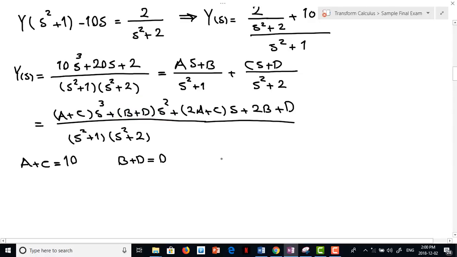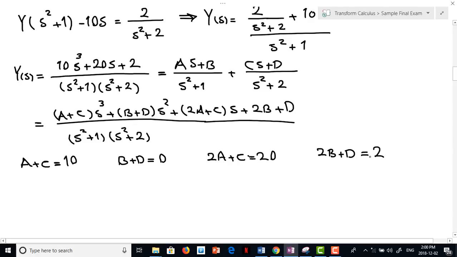For s, on the right hand side we have 2a plus c, and on the left hand side we have 20. And for s to the power of 0, on the right hand side we have 2b plus d, and on the left hand side we have 2.